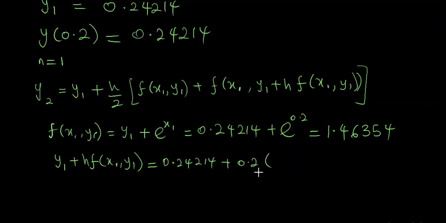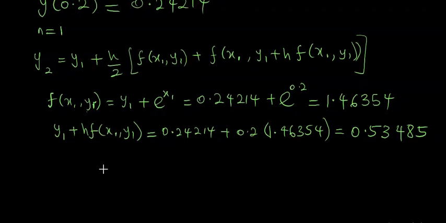Then we already have this, which is f of x1, y1, that will be 1.46354. So if we multiply this and add it all together, we should have 0.53485 from my calculator. Now what we need to do is simply substitute all of that into the equation.